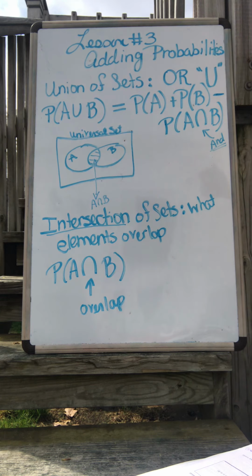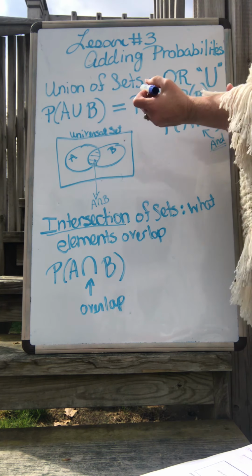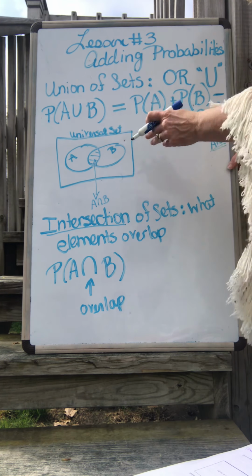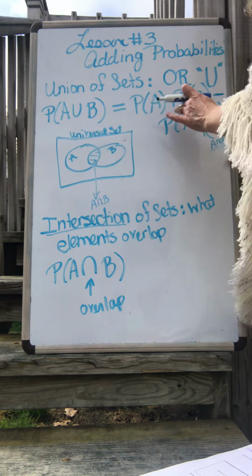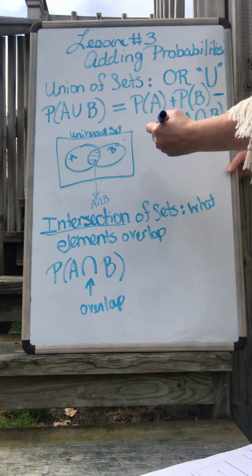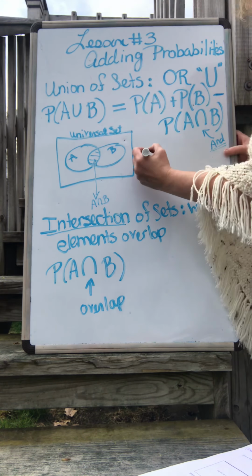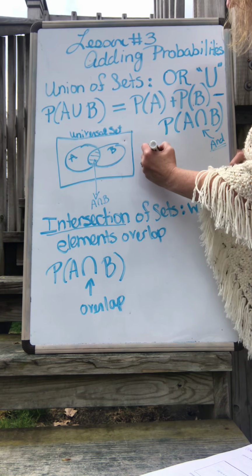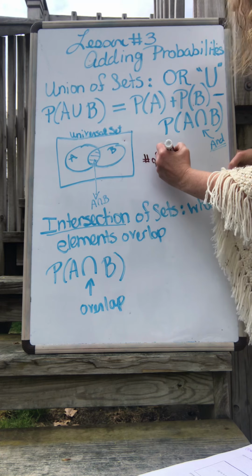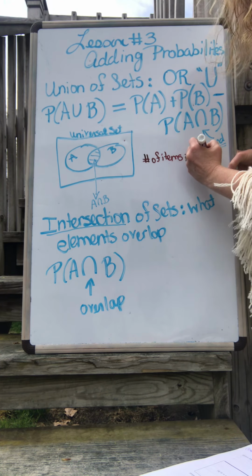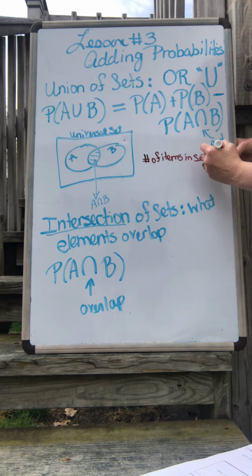Now the or, according to this would be, if I'm talking just about number of items, I don't have to do probabilities. I can talk about the number of items. Let me use a different color to highlight that. The number of items in set A or B would look like this.